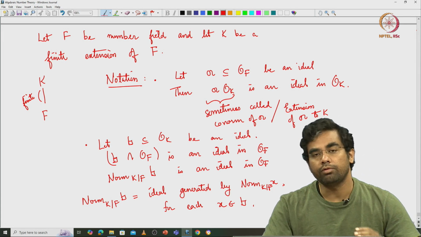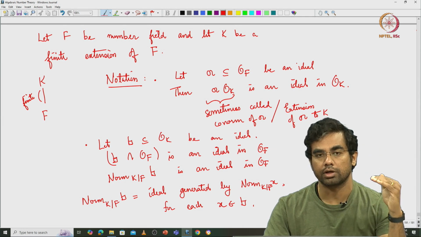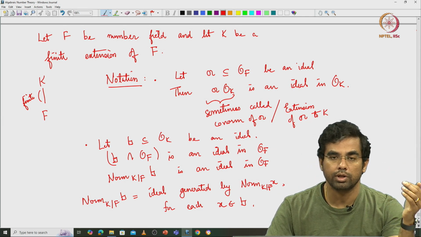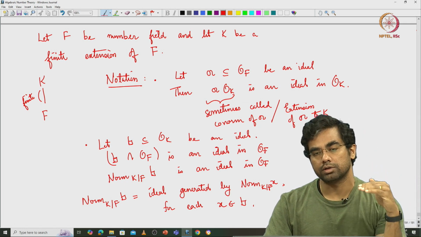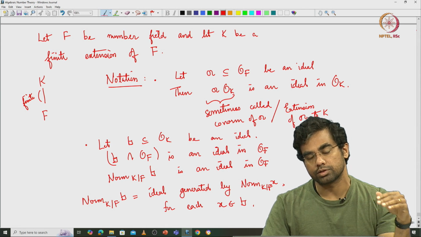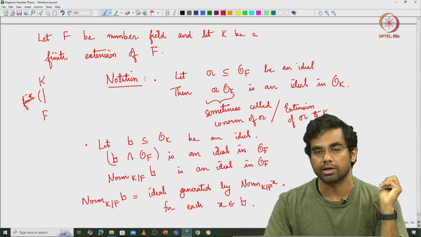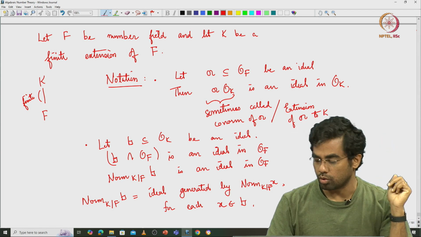Okay. So, if you start with an ideal in a bigger number field, there are two ways of getting an ideal in the smaller number field. You either take the norm or you take the intersection. Okay. But if you start with an ideal in the bottom field, then generally there is only one way of getting an ideal in the bigger thing, which is you just take the ideal generated by A in OK.